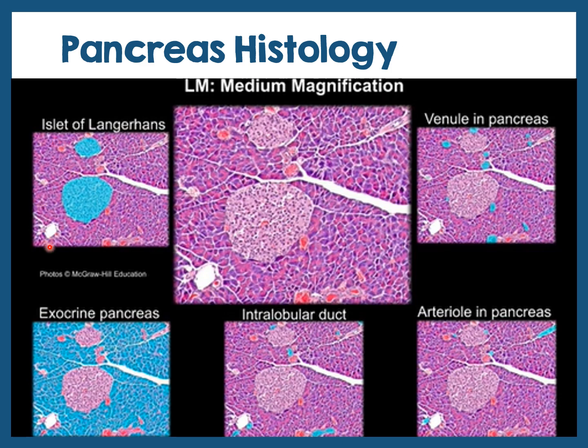Whereas all of the cells around the islets, those are going to be the exocrine pancreas. And then we're also going to be able to see some other structures like arteries and veins and ducts. So we can notice the veins here highlighted, and then we've got the arteries.